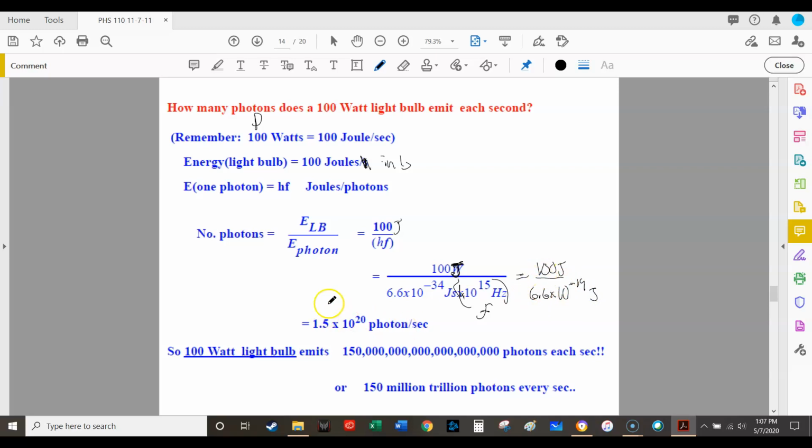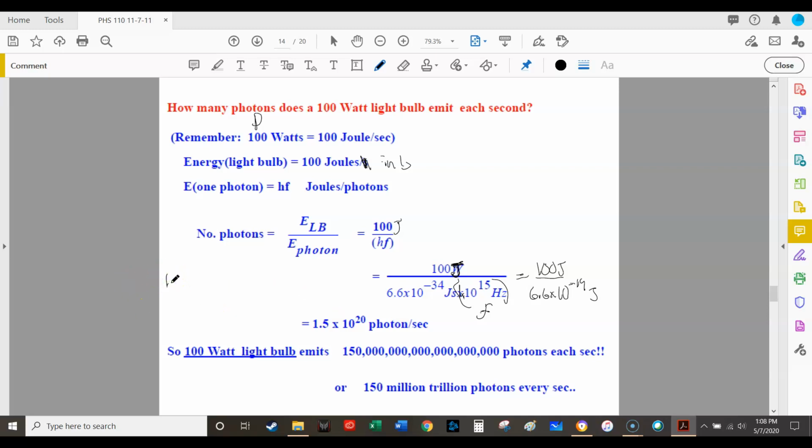So dividing this out, what we're estimating here is that we're going to get 1.5, so this is going to be the number of photons that come out in that 1 second: 1.5 times 10 to the 20th photons.